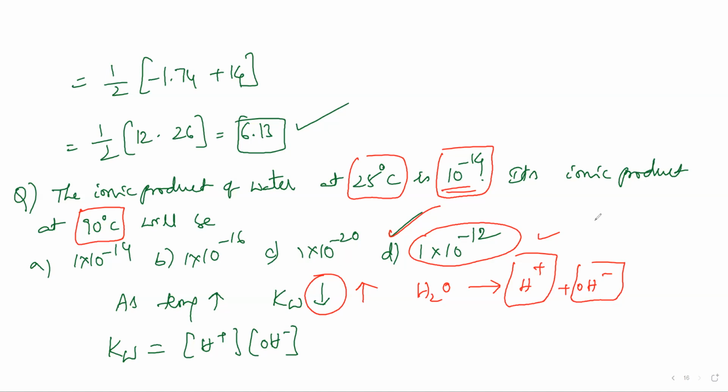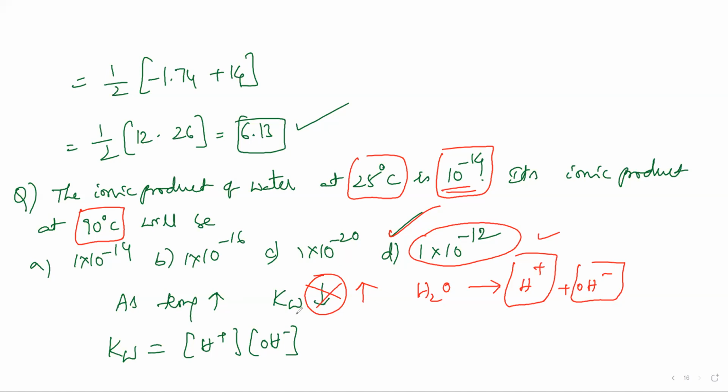Okay, your answer is correct, but explanation is not justifying that answer. Actually, as temperature increases, ionic product of water also increases. So the ionic product of water value at lower temperature should be less than the ionic product of water at higher temperature.